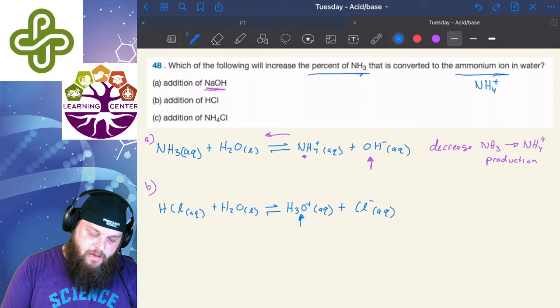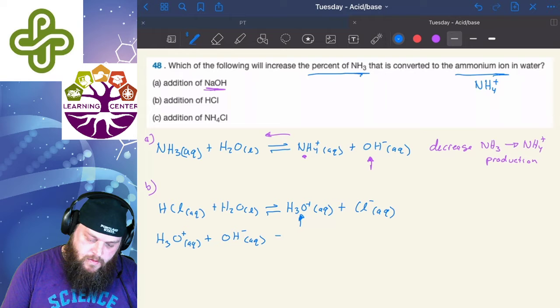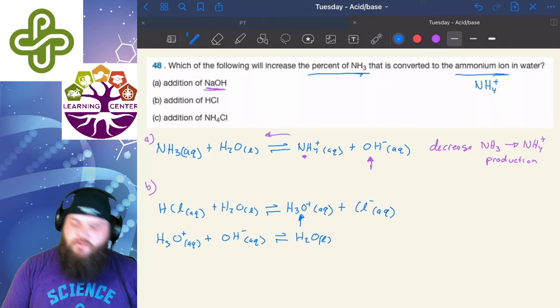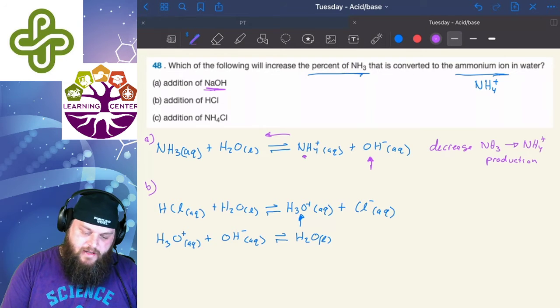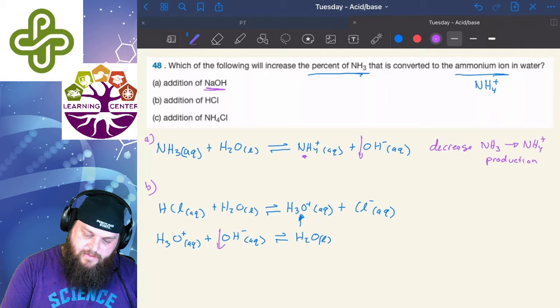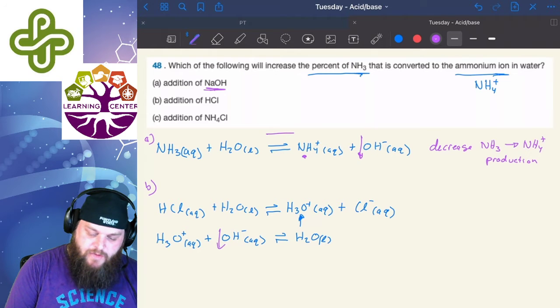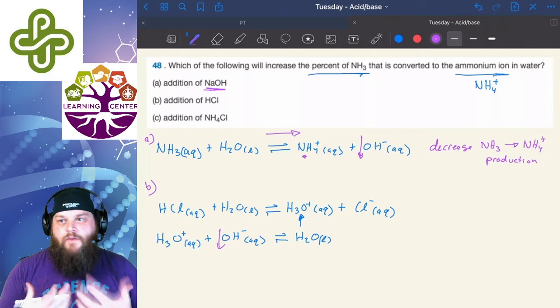When I add hydronium, that's going to react with the hydroxide to produce H2O liquid. So we're essentially reducing the amount of hydroxide. Going back up to my original equation, we would be reducing the concentration of hydroxide in that equilibrium, which would then drive this reaction to happen more often.